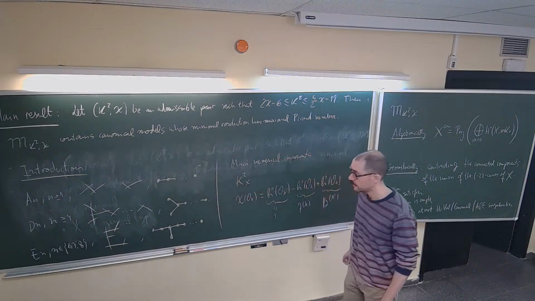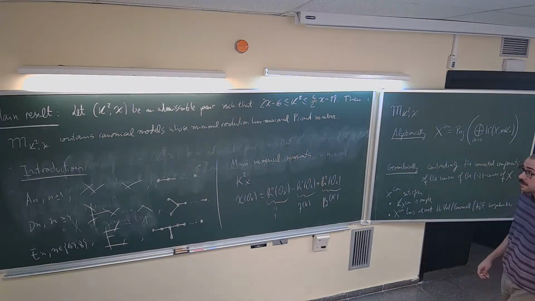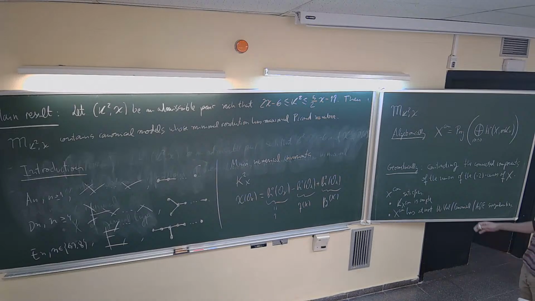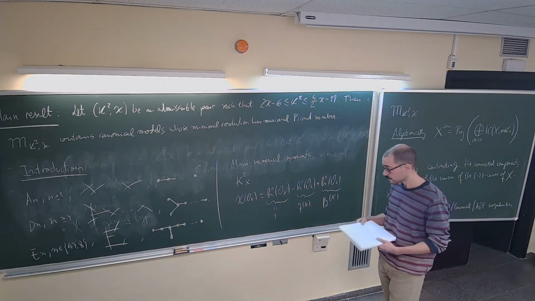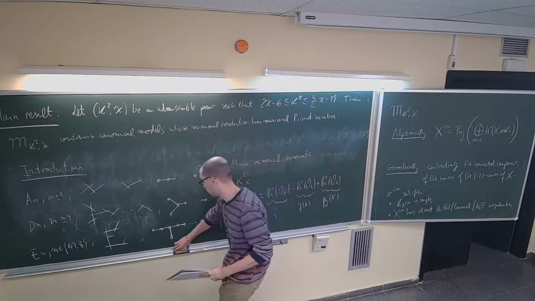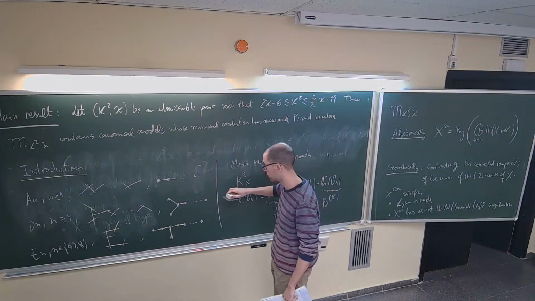So these are the exceptional divisors of the minimal resolution of the singularities that can appear in a canonical model, and this is going to be quite relevant for the result, as we will see pretty soon.